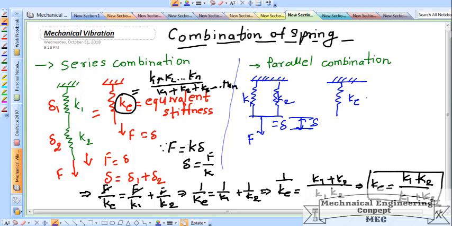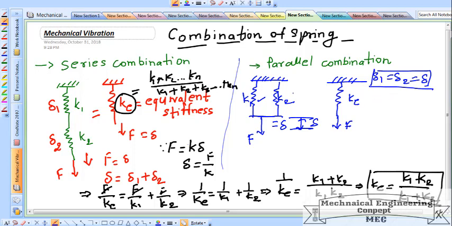What is the value of ke, the equivalent spring stiffness? This we need to calculate. Here del 1 is equal to del 2 is equal to del, because the force at both springs acts in the same plane, so both springs will deflect the same amount.